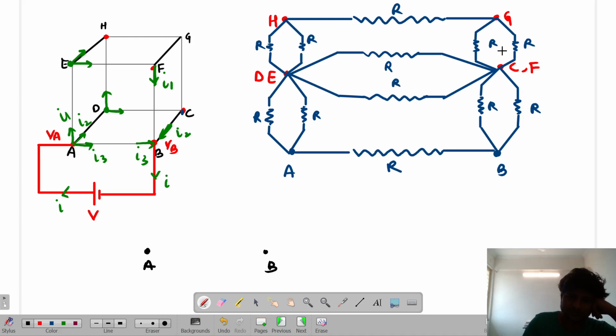R by 2, isn't it? So basically, what will I get from there? I'll get, write it, R by 2 plus R by 2 plus R. So basically 2 common, R plus R, this is basically 2R, isn't it? Are you able to get me or not? So the upper circuit is 2R.